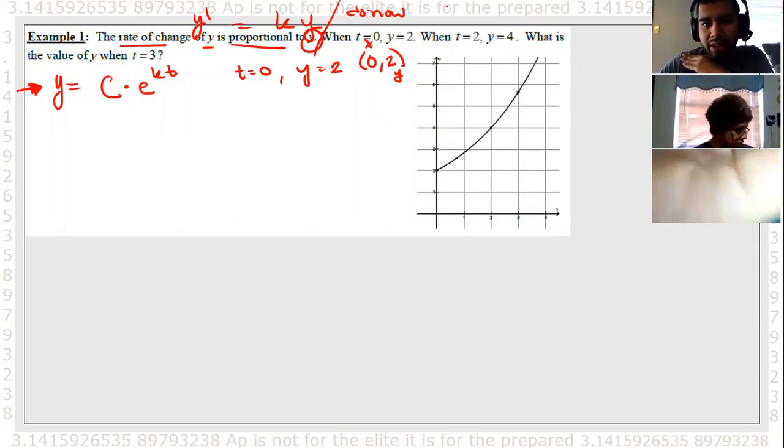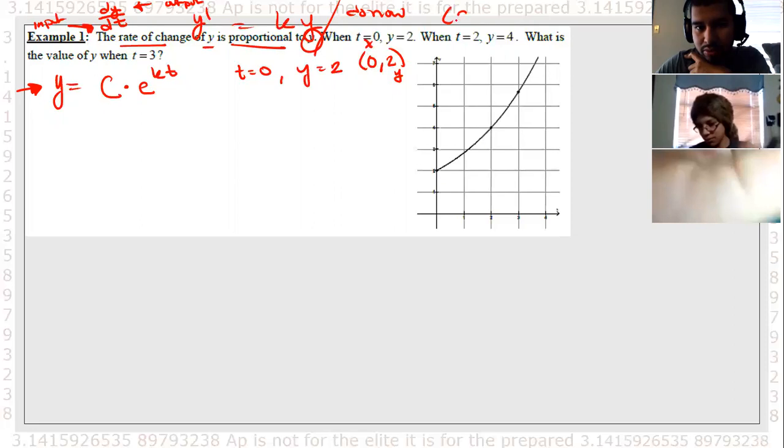Well, remember, you are doing dy dt, so y with respect to t. So t is your input, and y is your dependent variable, your output. That's how I knew which one was my x. Then the next value says when t equals 2, y equals 4.